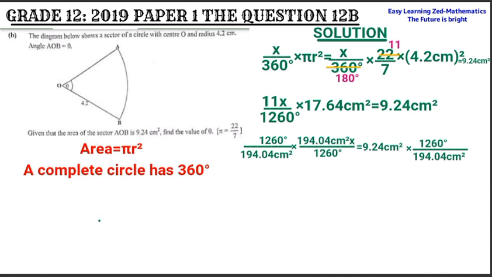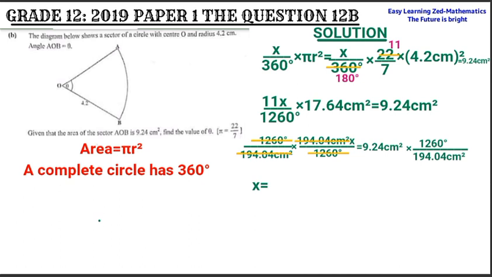What is on top in one fraction is down in the other. So 194.04 centimeter squared cancels out, and 1260 degrees on top cancels with 1260 degrees down. That means on the left side of the equal sign I've remained with x.